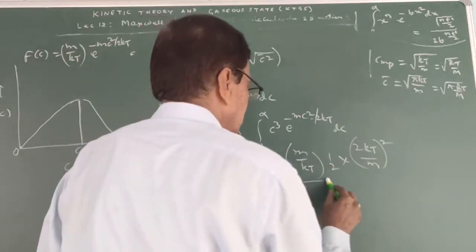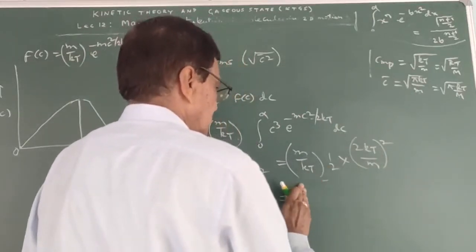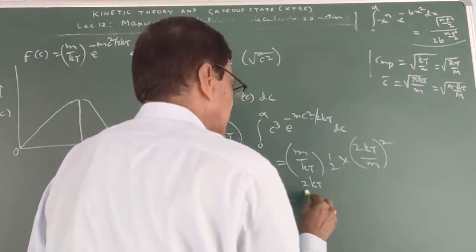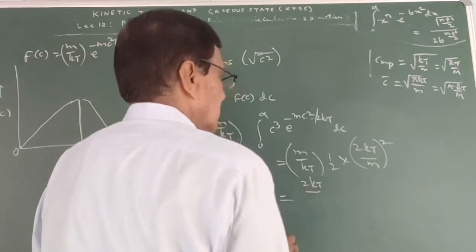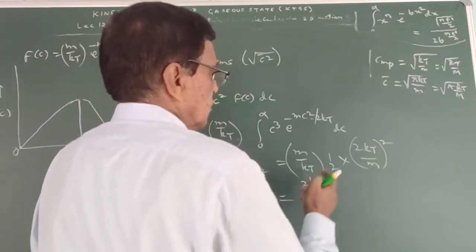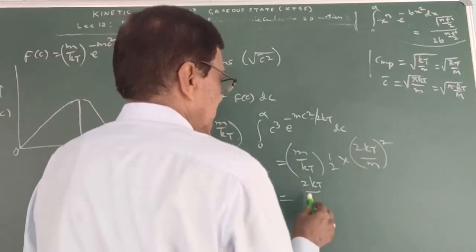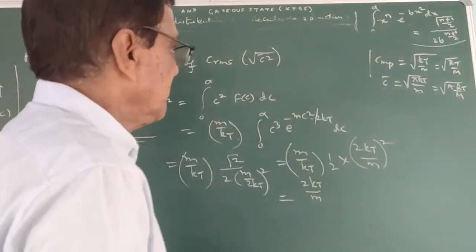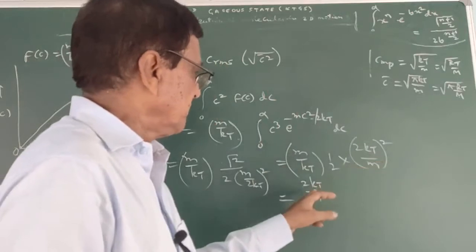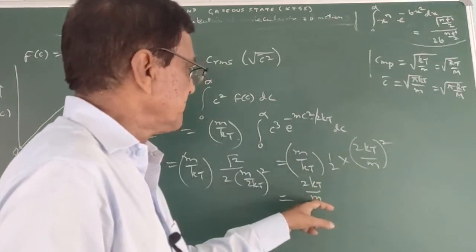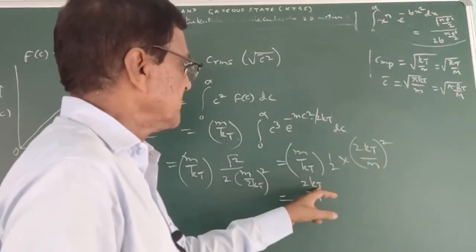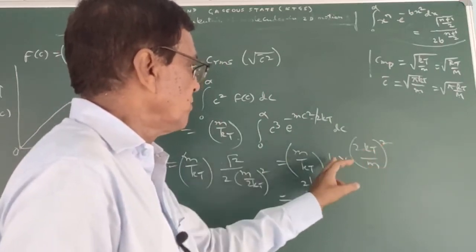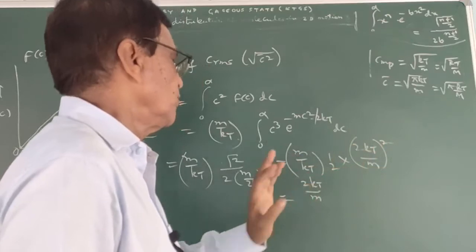So it will be 2kT by m, one m remains, one kT remains, and 4 by 2 means 2.